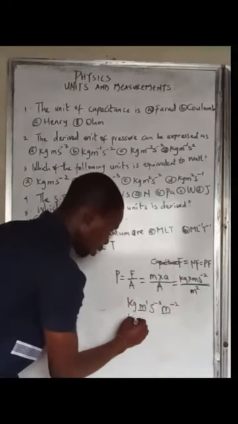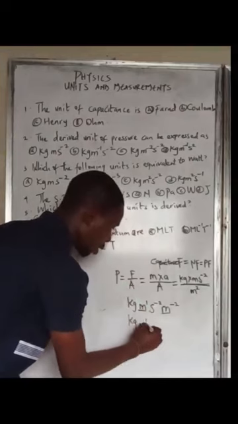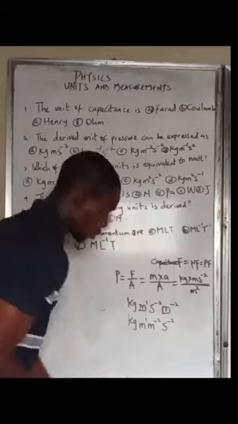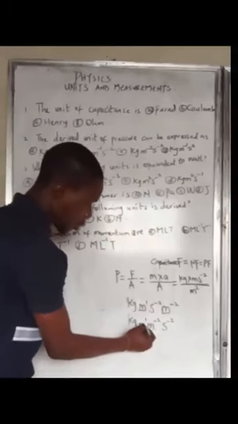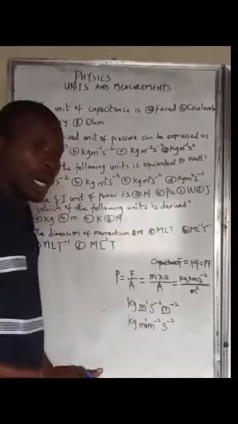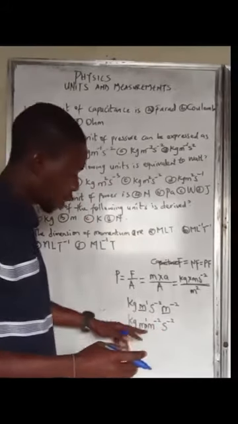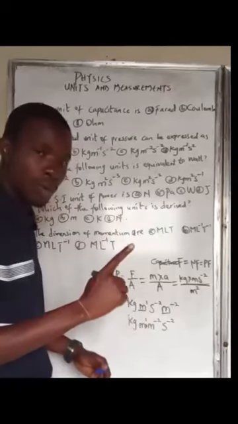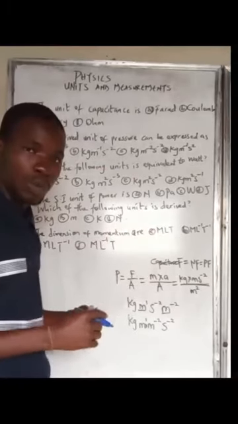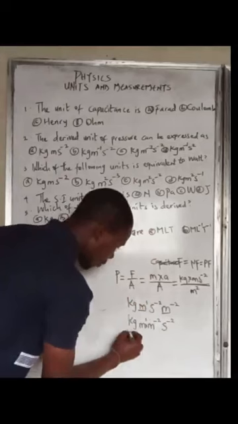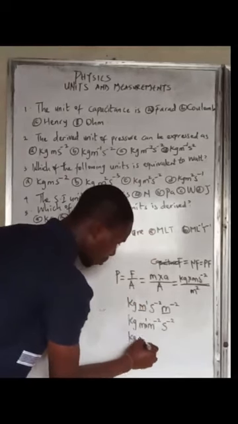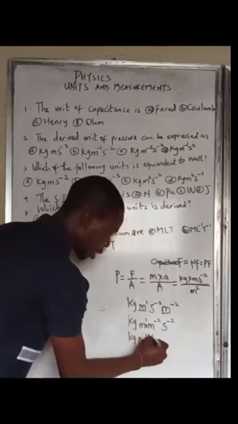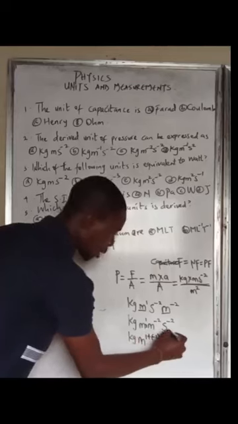So we have kilogram, m power 1, m power minus 2, and s power minus 2. In between these two m, we have times. And from the law of indices, when we have similar bases, we can just choose one of them and combine the powers with plus. So we have kilogram, m power 1, the times becomes power plus, then minus 2, s power minus 2.